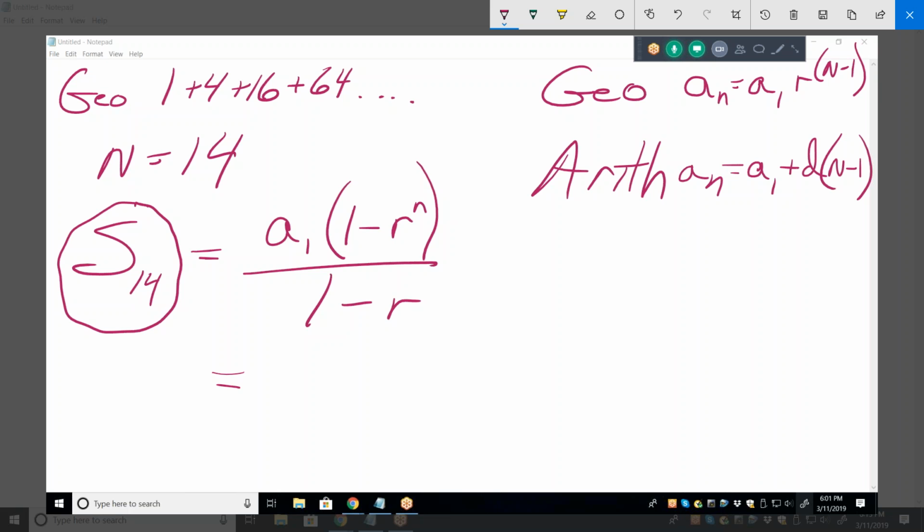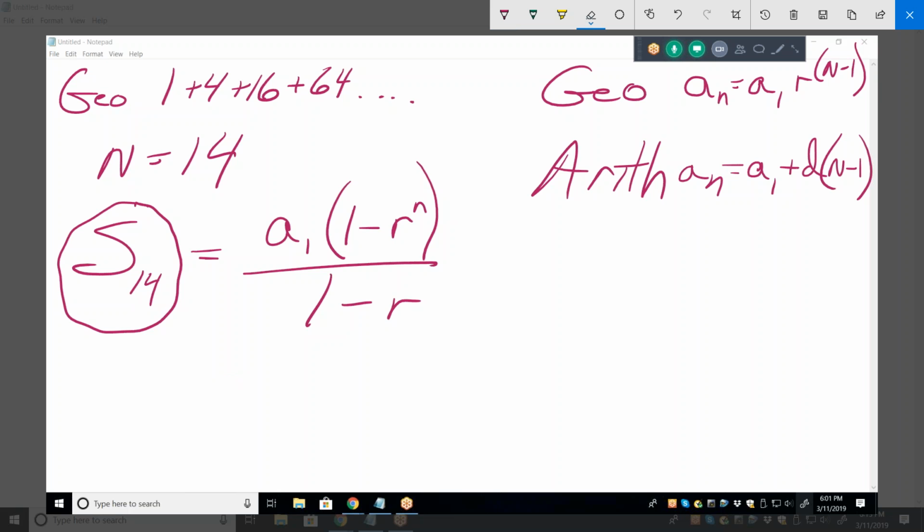Where they're asking you the sum, we could go ahead and fill everything we know in here and figure it out. But no, let's stop for a moment. I couldn't remember exactly what this formula was, so let's see if it's correct.